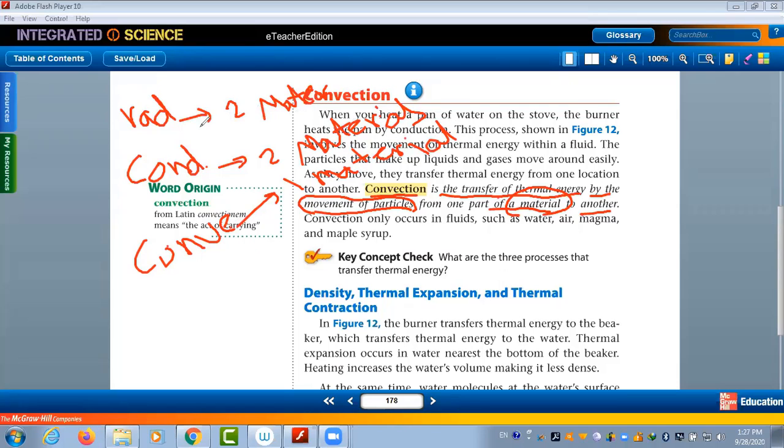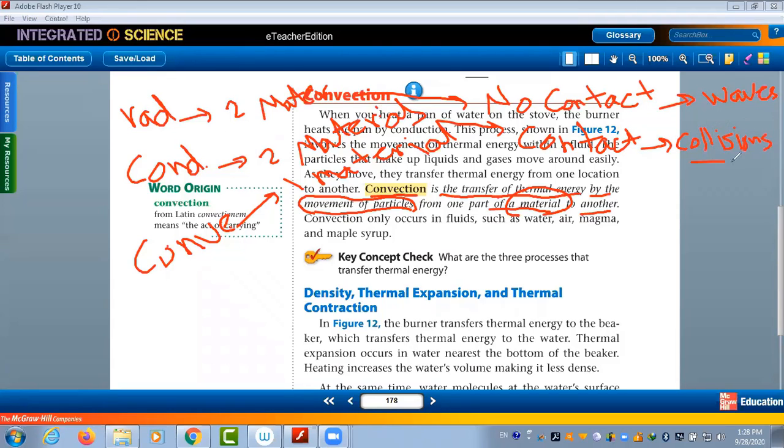In radiation, the two materials have no contact. They don't touch each other, so they transfer by electromagnetic waves. In conduction, the two materials are in contact. They touch each other, so it depends on collisions of the particles.